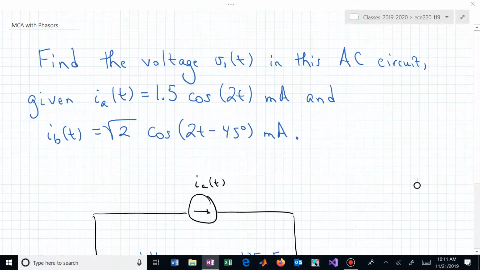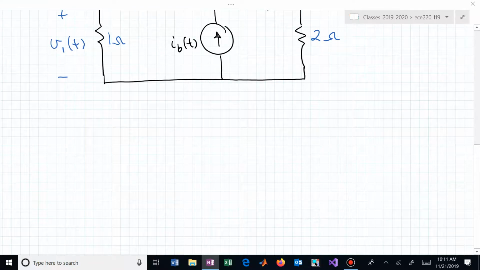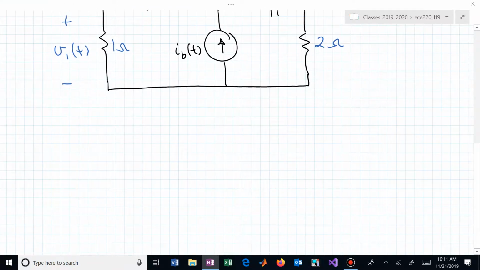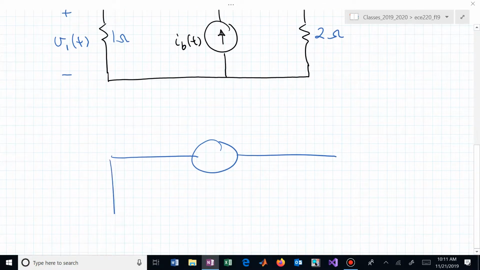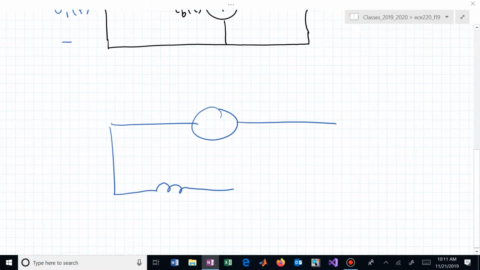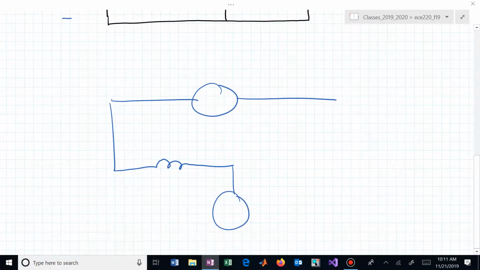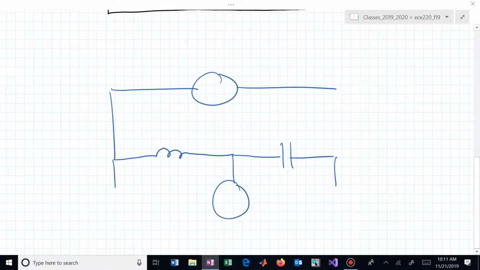Let's put this into the frequency domain with a frequency domain circuit. The current sources are going to be as they have been. We have an inductor. We have another current source. We have a capacitor. We have 2 resistors.